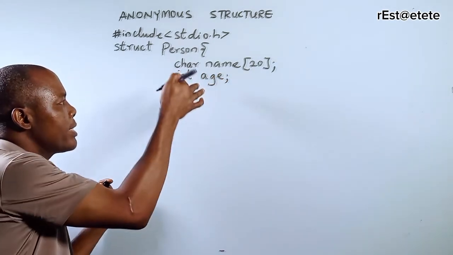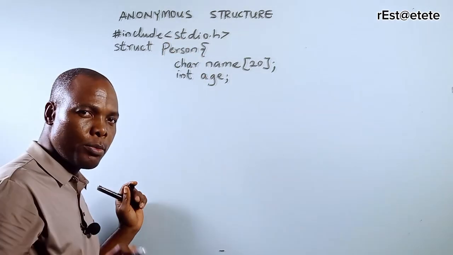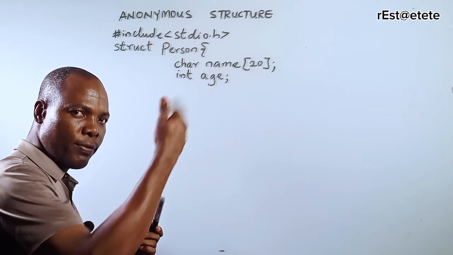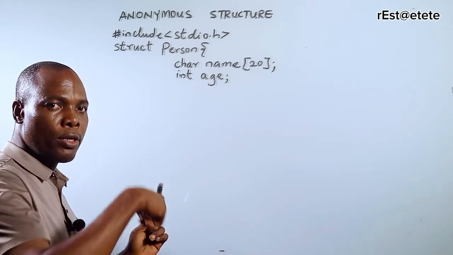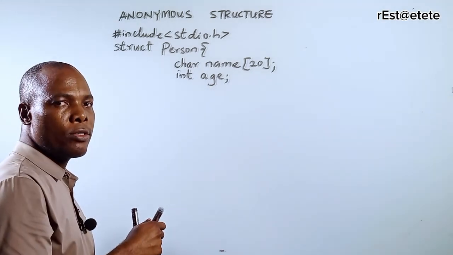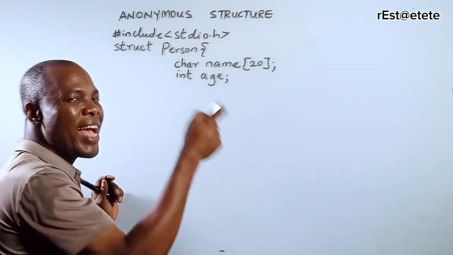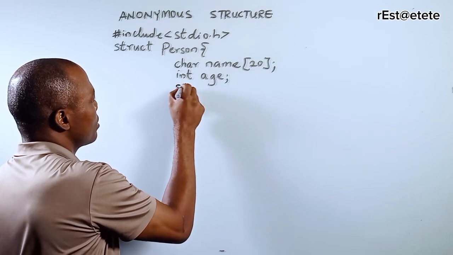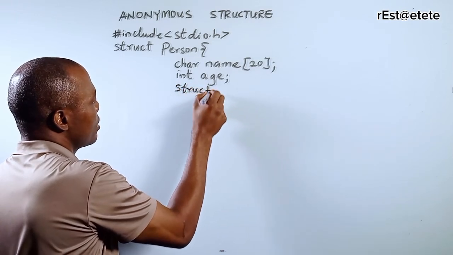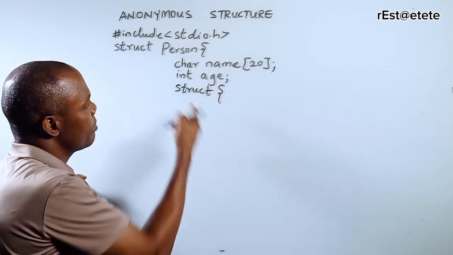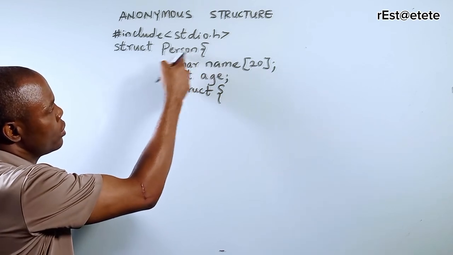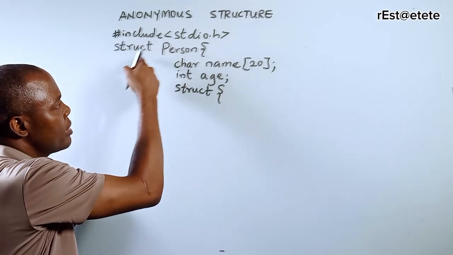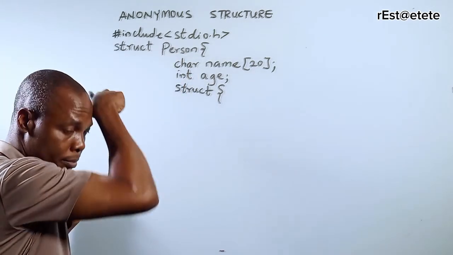Now inside this person structure, I want to bring in the address. In nested structure, we created the address first before we created the person structure, and we brought the address inside the person structure. Here I will just create an anonymous structure without a name. So I will say struct. There is no name, unlike this one, where person is the name of the structure, and struct is the type that tells you this person is a structure type.